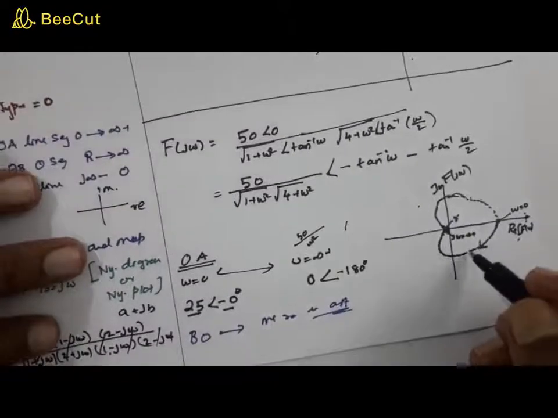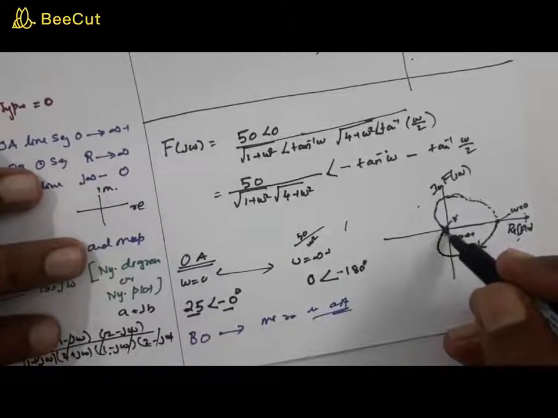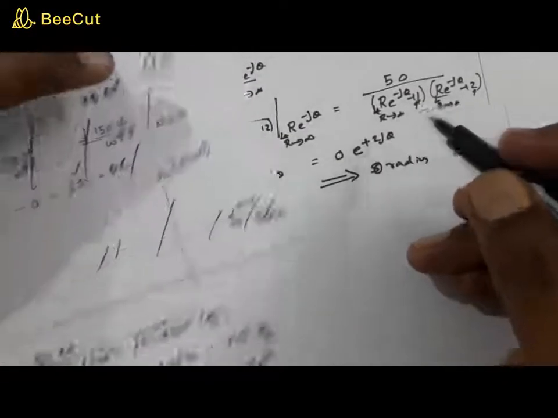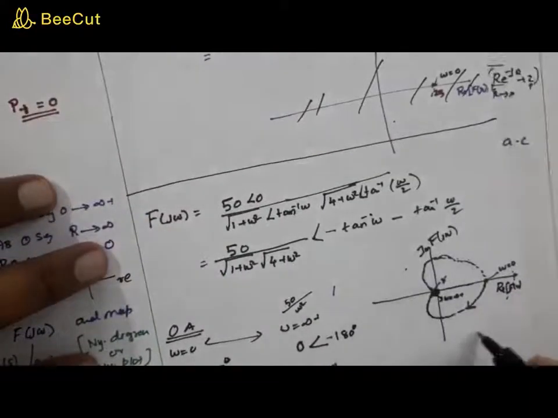Now if you want to continue this direction, imagine that you have a small circle over here. For it to continue this direction, this circle has to be in the anti-clockwise direction, and that's what this sign suggests. You don't have to draw it like this. Consider that as a point.